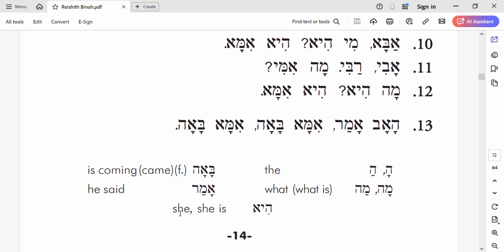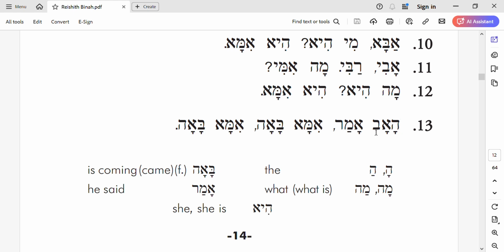And now you know a few more words. So ha can appear with a kamatz or patach, and if it starts a word, it is the definite article. In English, it's the, and it's a separate word. In Hebrew, it's not a separate word, and it usually joins a noun.